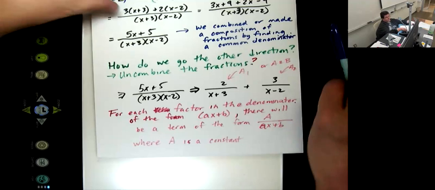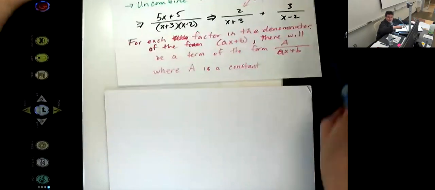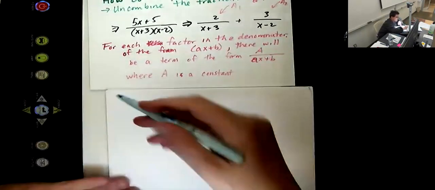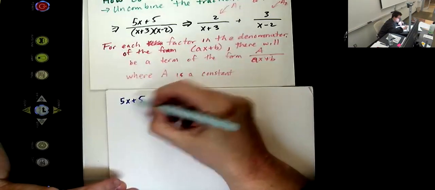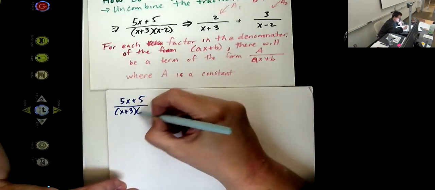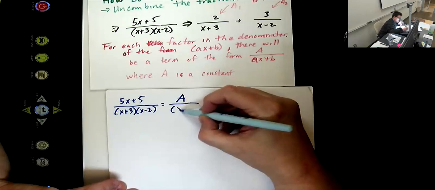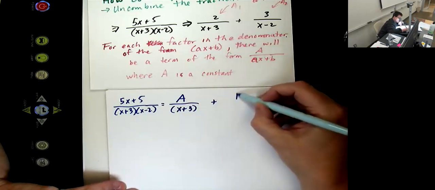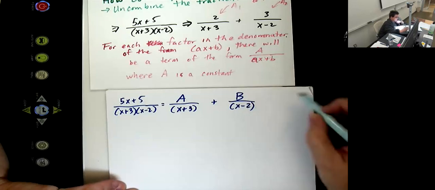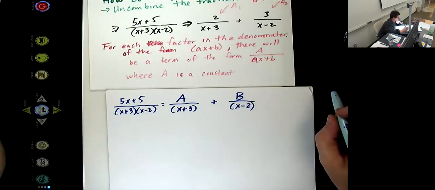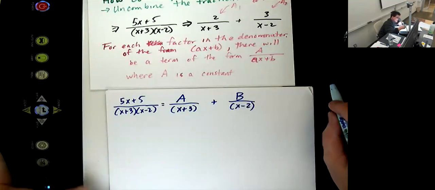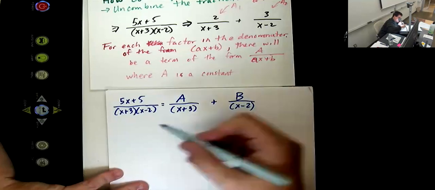So let's do that with this problem. I know the result should be a 2 and a 3, but let's show how we get there. I've got 5x plus 5 over x plus 3 times x minus 2, and I should have something of the form A over x plus 3 plus B over x minus 2 when I'm done. Here we get a common denominator.